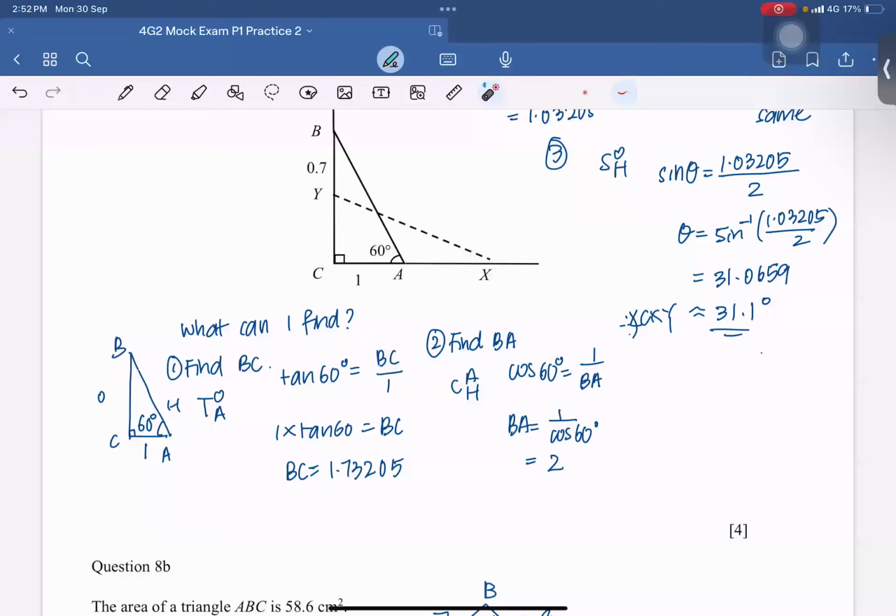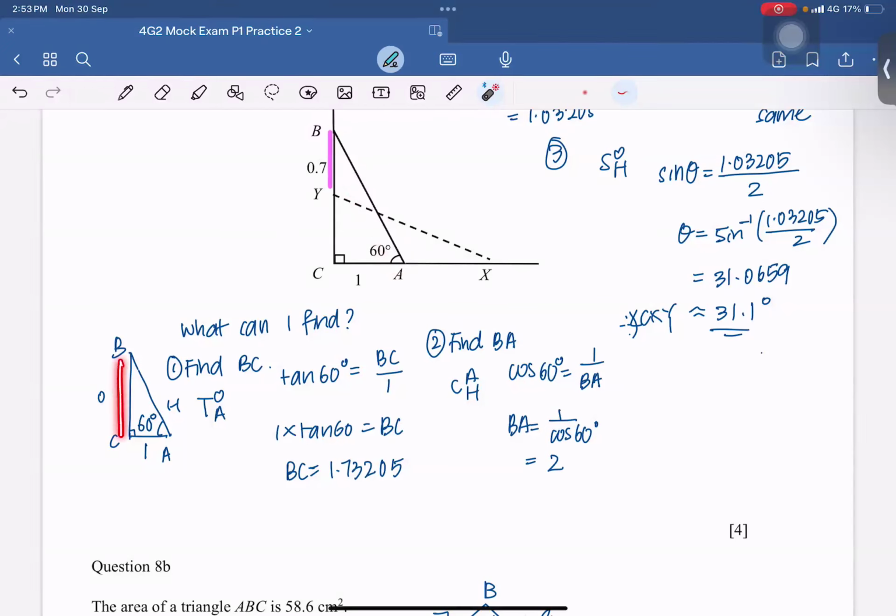I do not know what I can find, but I definitely find something because there's no other number. And this number 0.7 is only for this portion, it's not for the whole height. So if I can find the whole height, I will know this. Or I can find this portion, the ladder itself. Because when the ladder slides down, the length of the ladder stays the same.